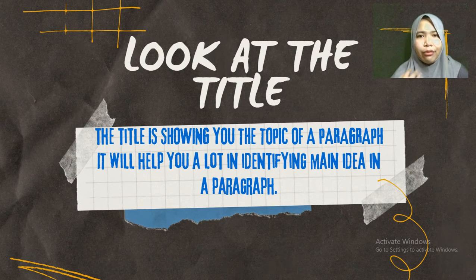So if we want to identify the main idea of a paragraph, we need to look at the title given to you of that particular paragraph. The title is showing you the main idea of a paragraph and it will help you a lot in identifying the main idea in a paragraph.